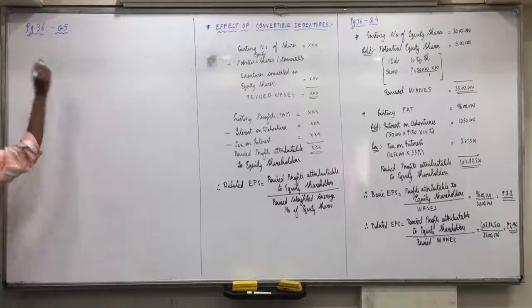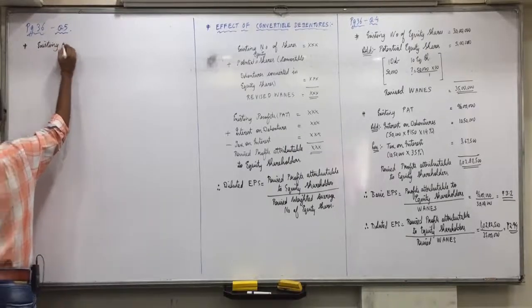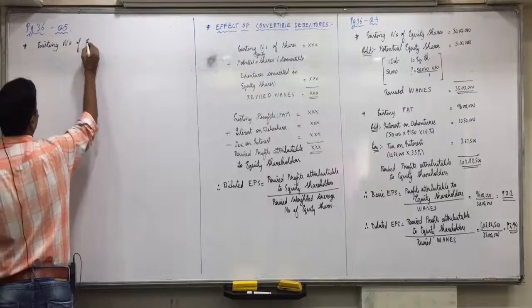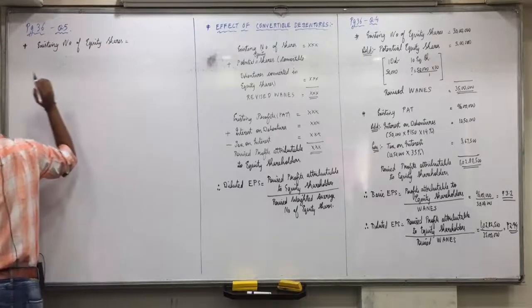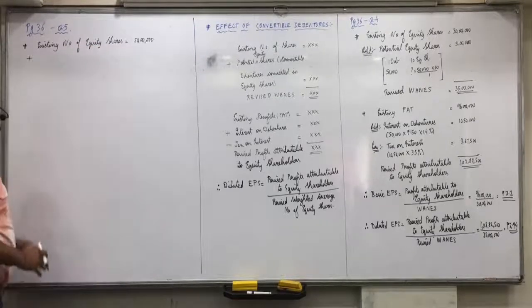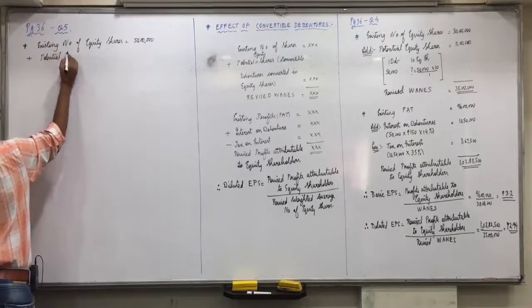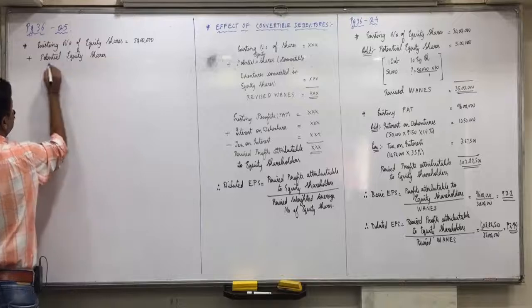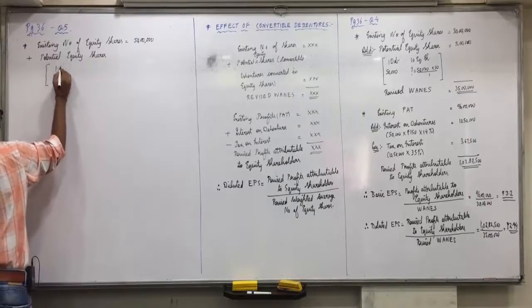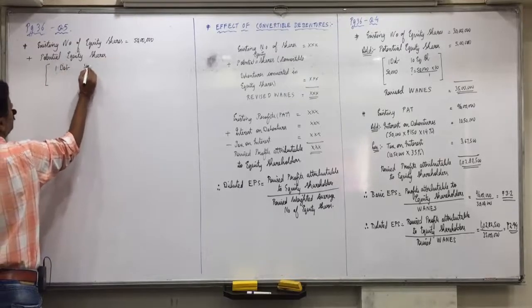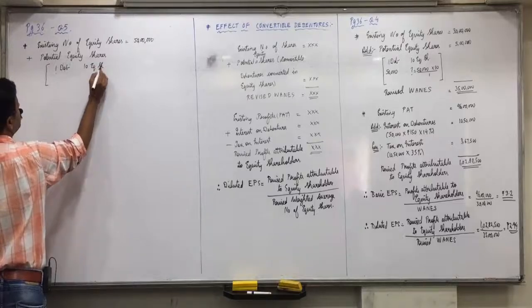Okay. Existing number of equity shares is equal to 50 lakhs plus potential equity shares. In bracket we will show that 1 debenture is 10 equity shares.